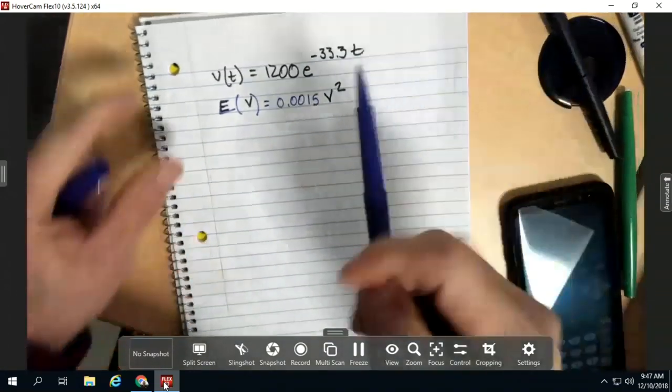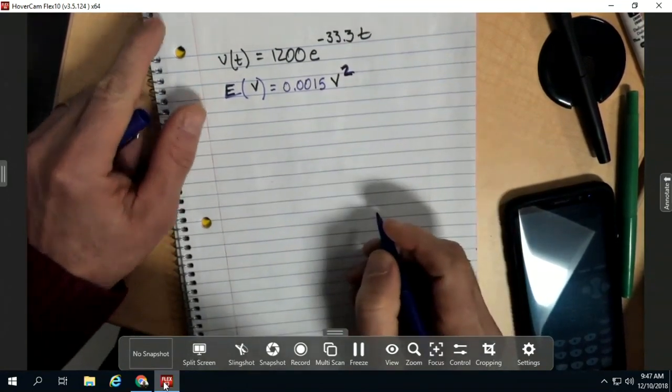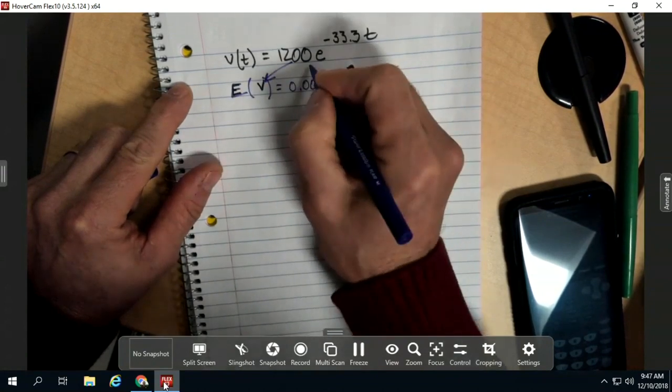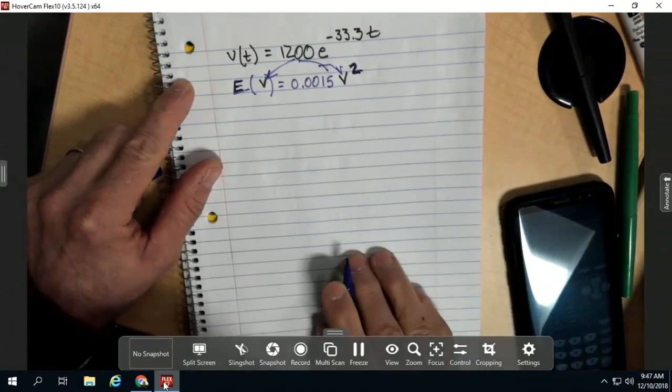Oops, I should use purple here instead. So in other words, we're going to take this equation into wherever we see V in this equation.